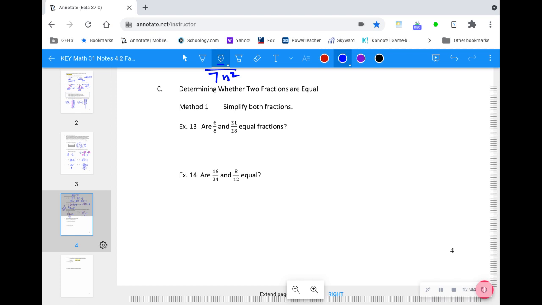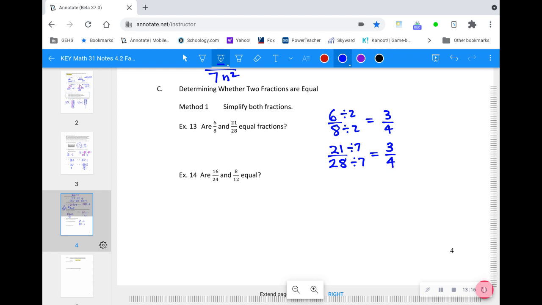Okay, the next thing we're going to look at is how do you know if fractions are equal? Well, you're going to simply simplify both of them, and if you get the same result, you say, oh yeah, these are the same fraction. It's one of the reasons why we simplify, to compare them. So we get 3/4 for that one. And if I take 21 over 28 and divide by 7, you can see that this would also be 3/4.